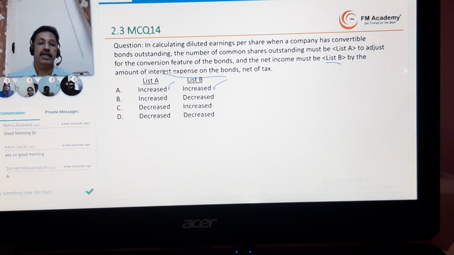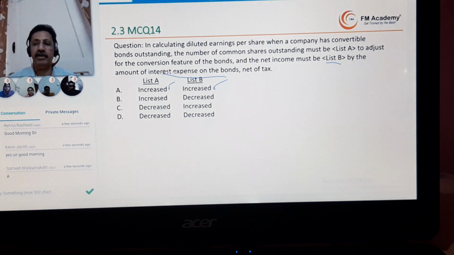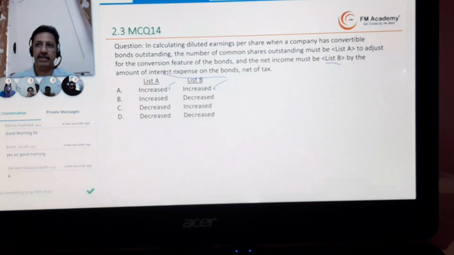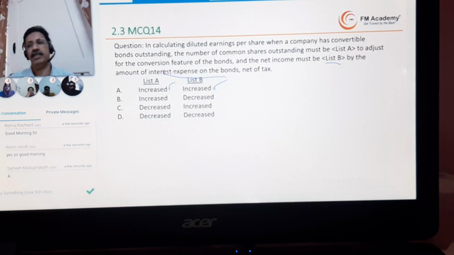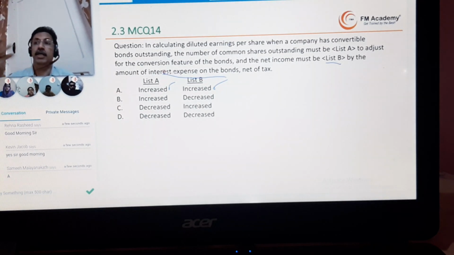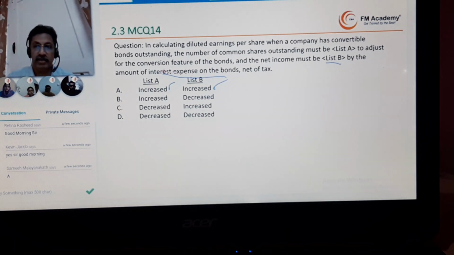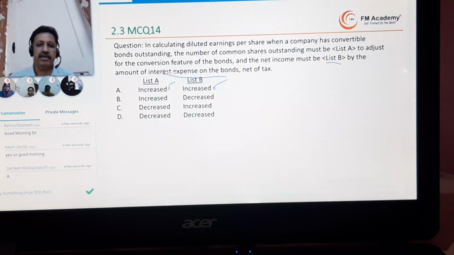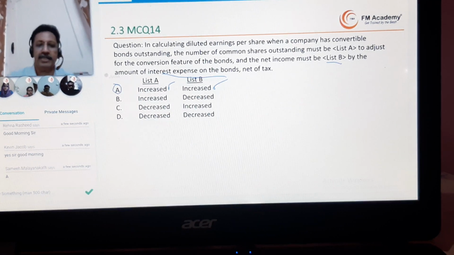Okay, when can there be a dilution? If you are already paying something less than the equity shareholders' return, then once it is converted, they will also eat away. But if they are already paid something more than the equity shareholders' return, obviously there will not be any dilution once it is converted. Okay. So A is the answer.